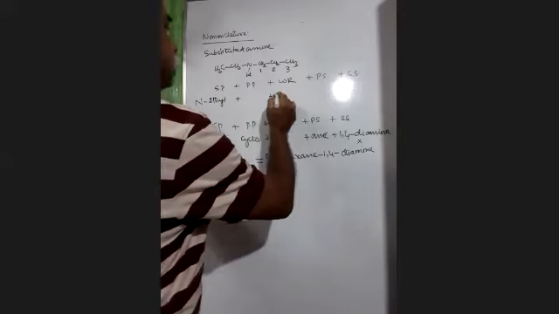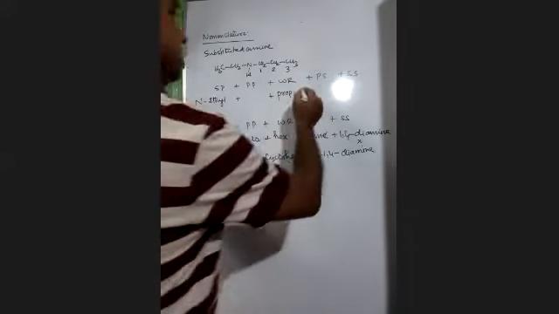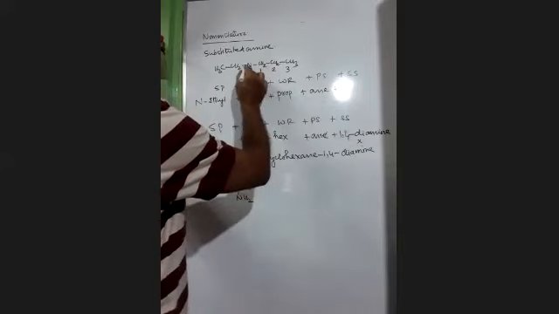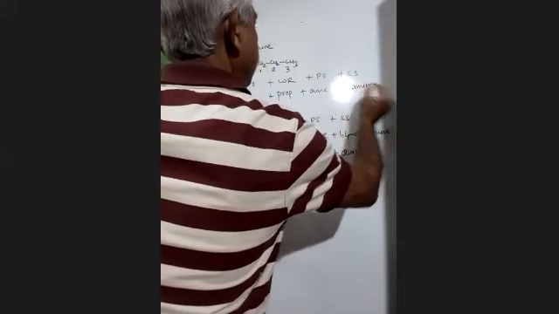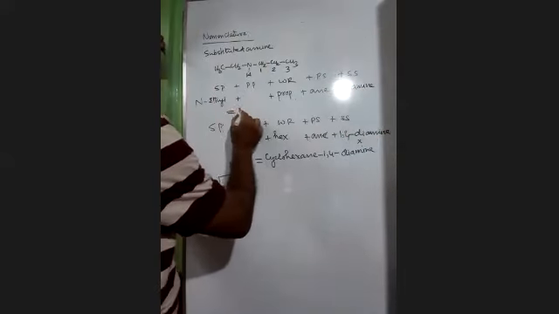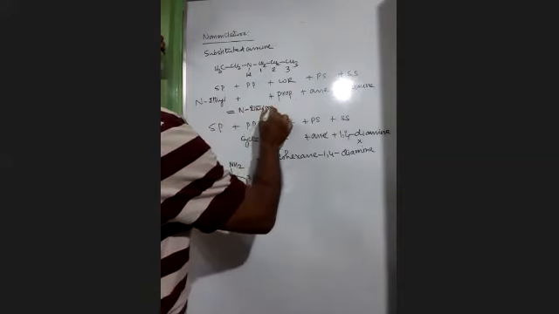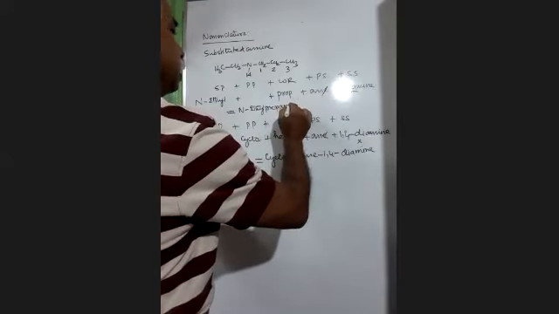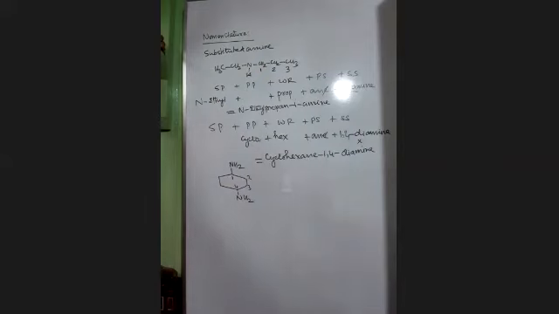The main chain contains 3 carbons, so it will be prop, ane, and on the first carbon you have nitrogen, so it will be 1-amine. So the name is N-ethylpropan-1-amine.